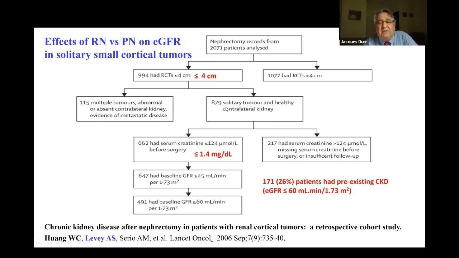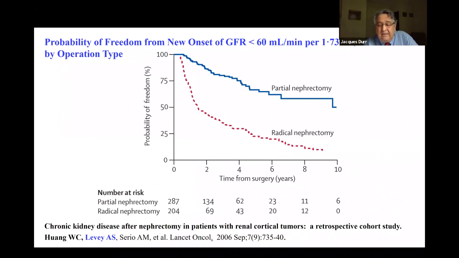They selected patients with GFR of more than 60 as a cutoff for renal failure. And you notice that of these patients with GFR that were normal for their morphologic presentation, 26% of those patients already had GFR less than 60. So you see, we are dealing with a different population. So we have to be aware of that. And this is very, very important.